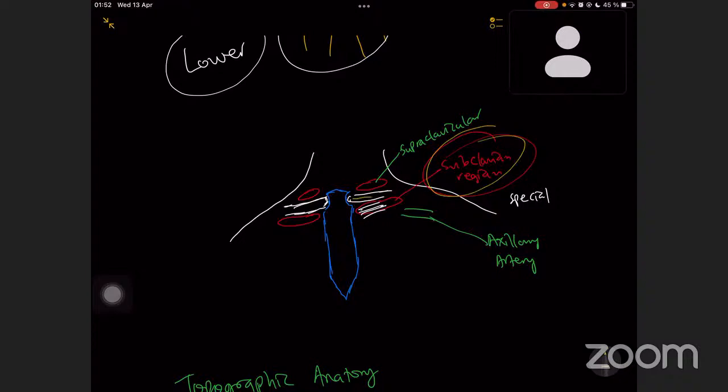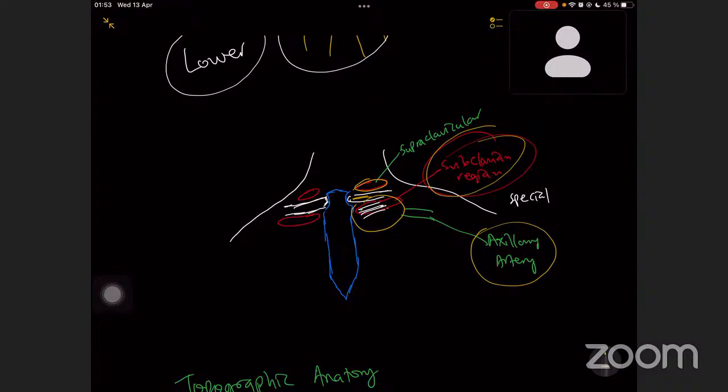So you have your clavicle here, then the subclavian region, and the supraclavicular region here. And so as the artery goes through the subclavian region, you have the subclavian artery. As the artery goes on to the axillary region, then it becomes known as the axillary artery, right?